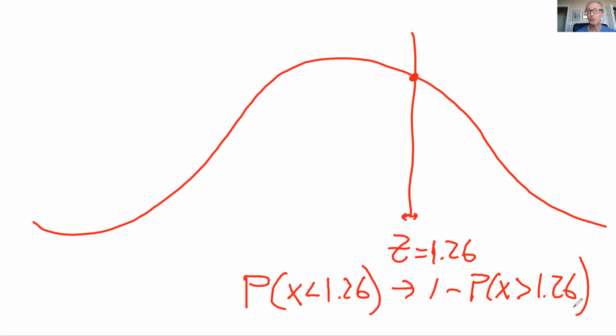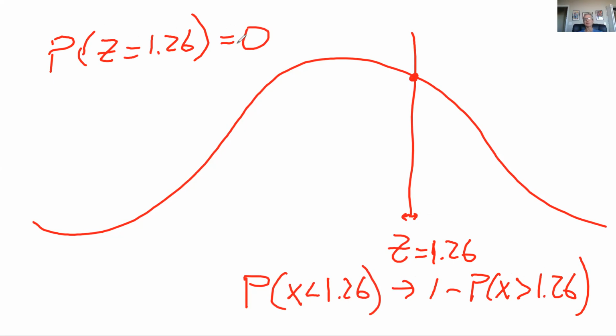The other thing that's really important is that in a continuous distribution, the probability of any single point, and we'll just call it z equals 1.26, is always 0. You can't just take the area underneath a continuous curve at a single point. If any of you have taken calculus before, we're talking about the area, and we use the idea of an integral.